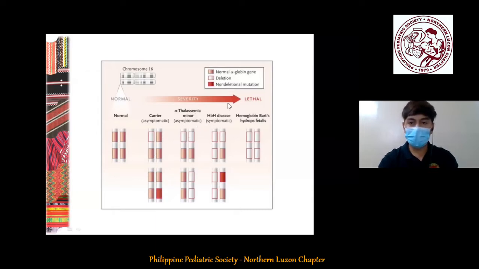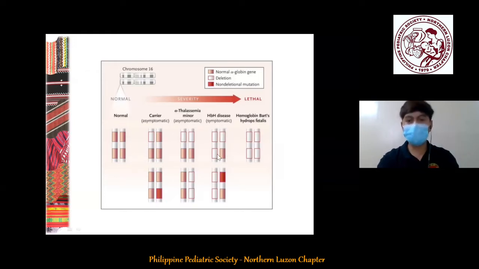Ang deleted or mutated alpha gene, kapag alpha thalassemia minor, dalawa. Yung 3, these are the alpha thalassemias or HBH disease. And for hydrops fetalis, ito yung walang alpha gene.